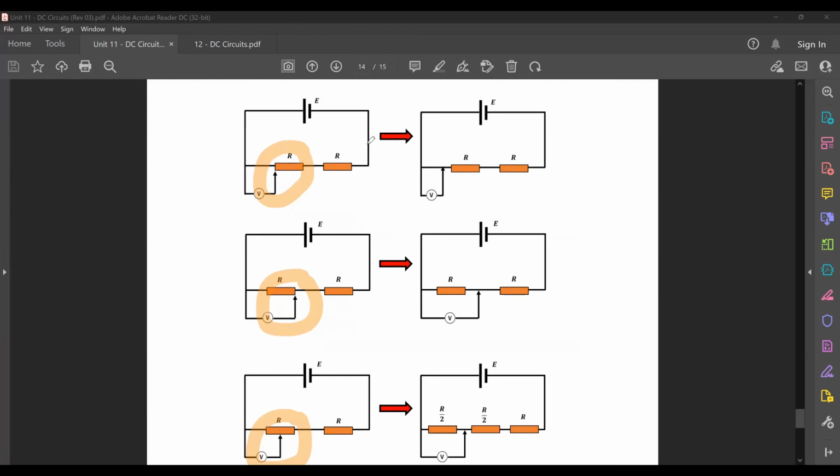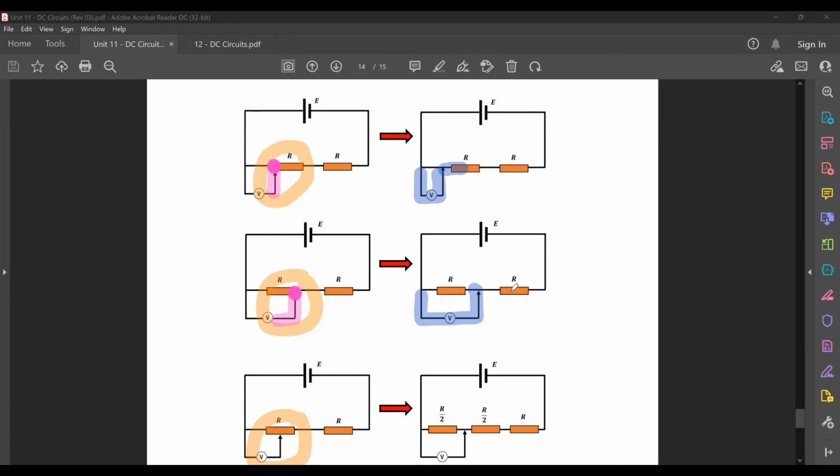Now, in general, if your arrow is right at this edge of your potentiometer, it is akin to you connecting to before the resistance itself. On the other hand, if your arrow is connected right at this other end, it is akin to you connecting to right after the resistor.